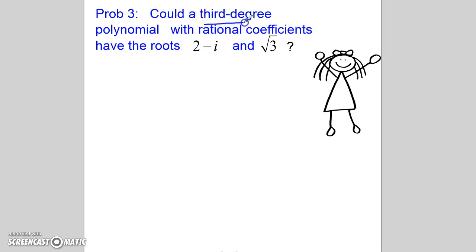Could a third degree polynomial with rational coefficients have the roots 2 minus i and radical 3?